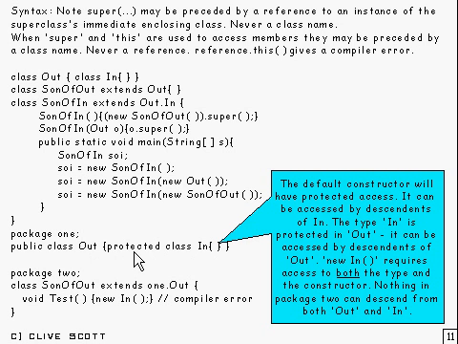And now we're in a different package here, and you can't descend from out and be able to access the class name, and descend from in as well and be able to access the constructor. So that makes life a bit difficult, so you can't actually do that, of course.